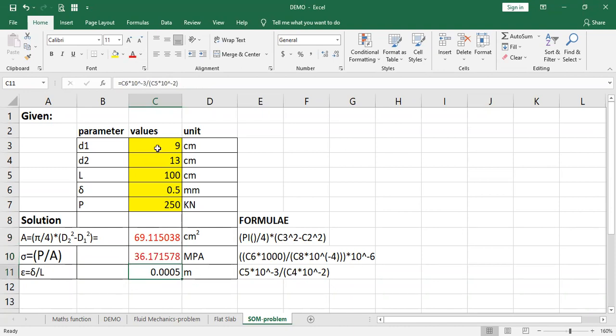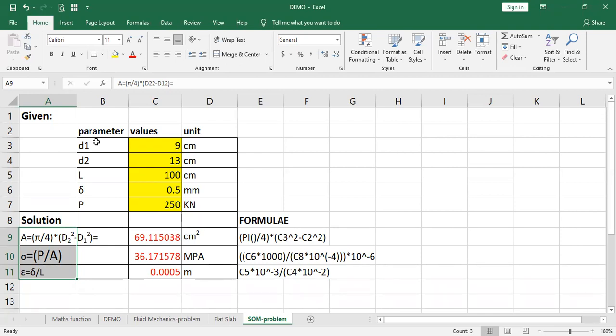This is also a solution, and these are the units, different units you have marked there. So formula in terms of cell address, formula in terms of exact parameters. Always remember this.